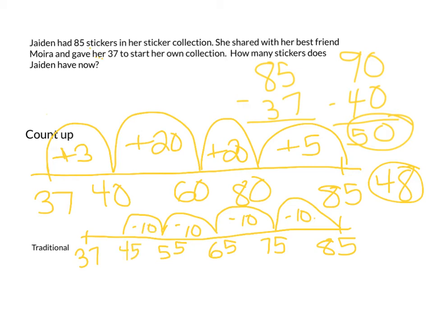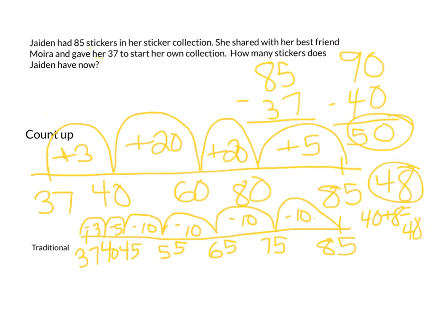And then I would count back 5 to 40. And from 40 to 37, I would count back 3. And if I add those together, 10, 10, 10, 10 is 40. Plus 5 and 3 is 8. That would be 48.